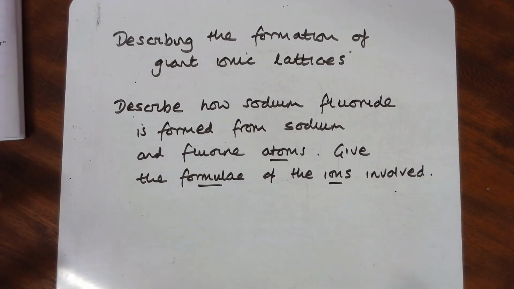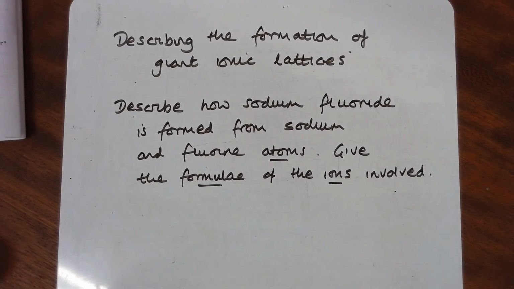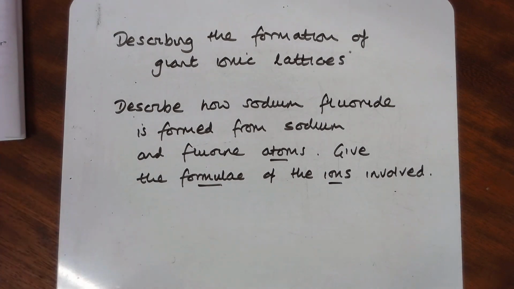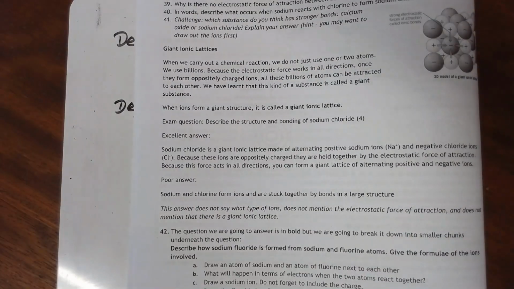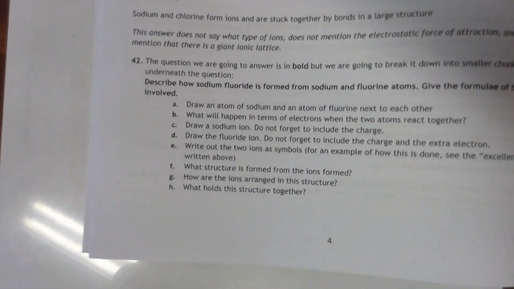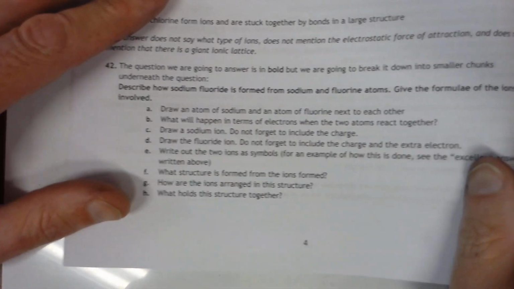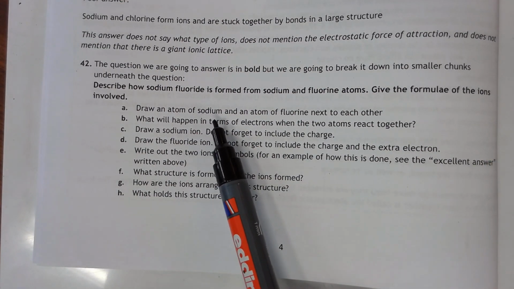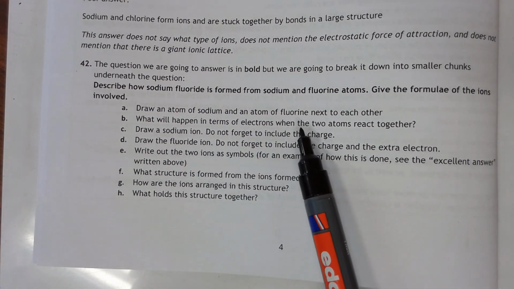Wow, so we've got to turn atoms somehow into ions and then describe how sodium fluoride is formed from those atoms. We have a template to show you how to do this, and this is at the bottom of the page in our booklet. So first thing we should do in this order is to draw an atom of sodium and an atom of fluorine.